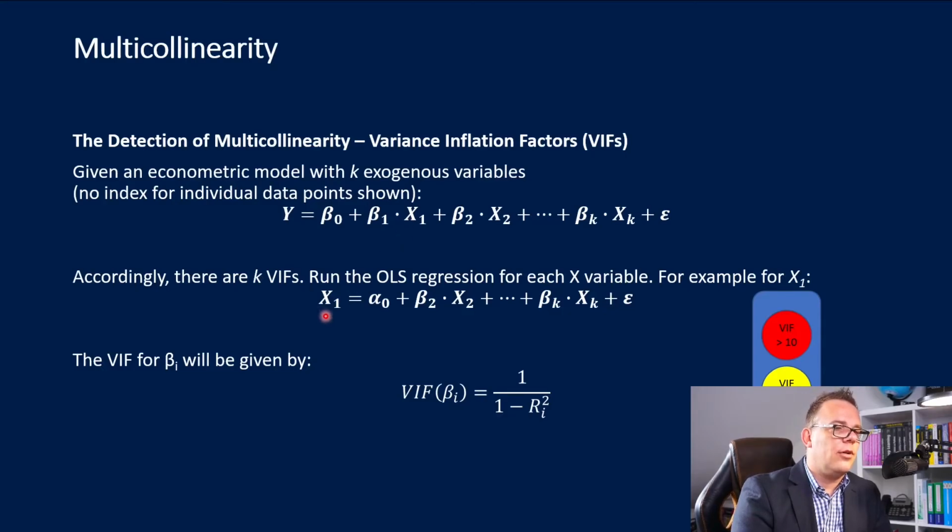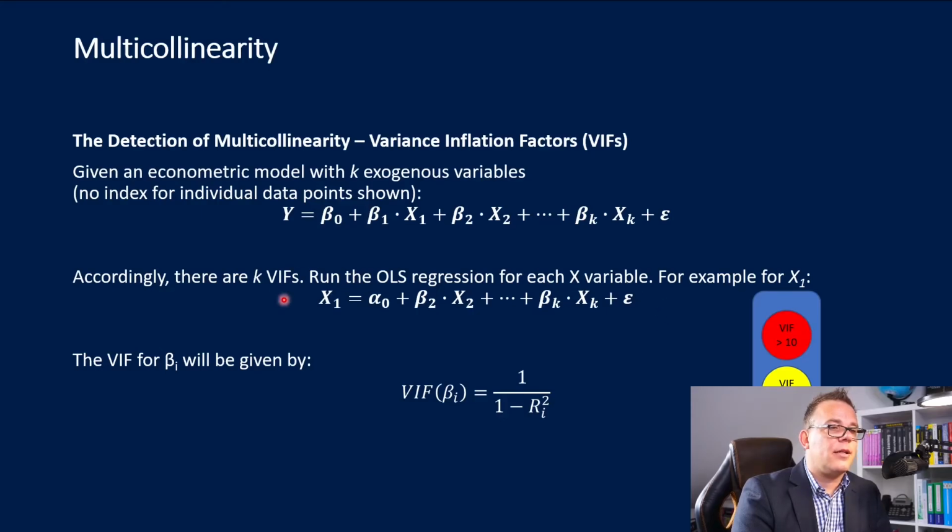Accordingly, an OLS regression with x1 as explained variable will lead to a very, very high R-square. We have removed the response epsilon and we have shifted x1 to be the new explained variable. And now x2 will explain x1 extremely well if both are highly correlated.